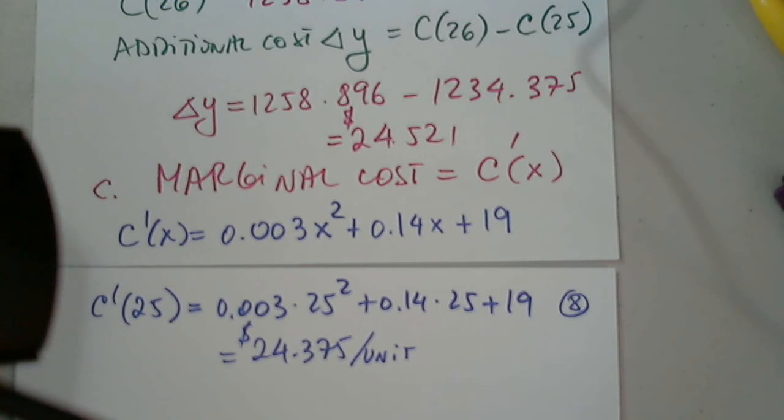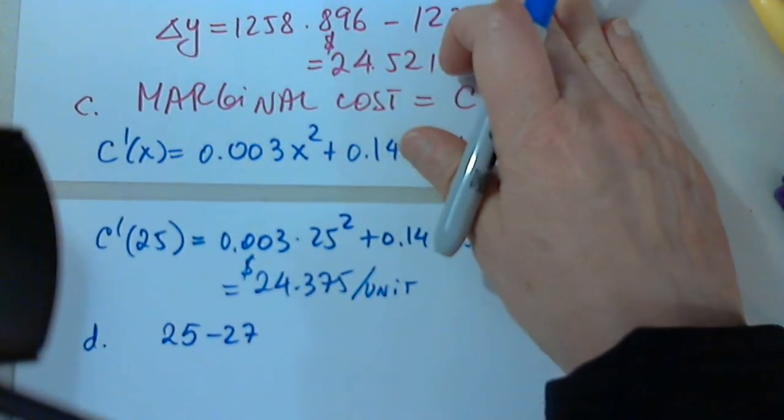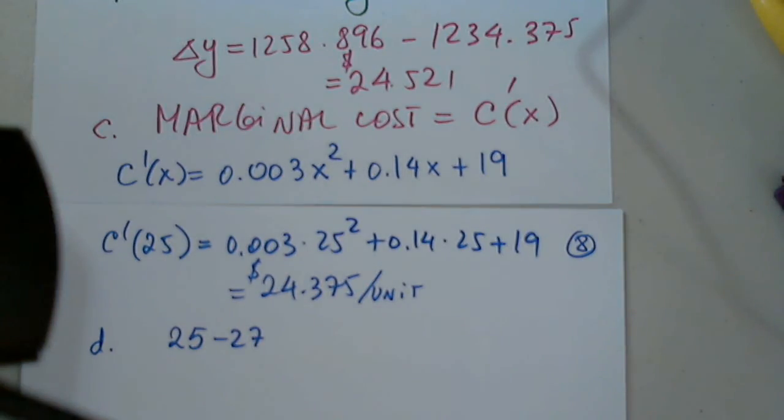Use marginal cost to estimate the difference in cost between producing 25 and 27 per month. So part D, they want us to determine the marginal cost to estimate.